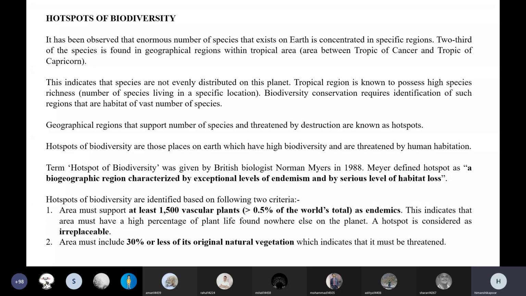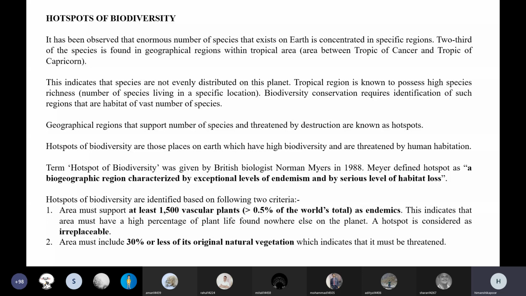So endemic species should be high. And second is that area must include 30% or less of its original natural vegetation. So if you see the first point, then it is catering to the biodiversity, and the second point is catering to the threat. So which is due to human activities or majorly due to human activities.